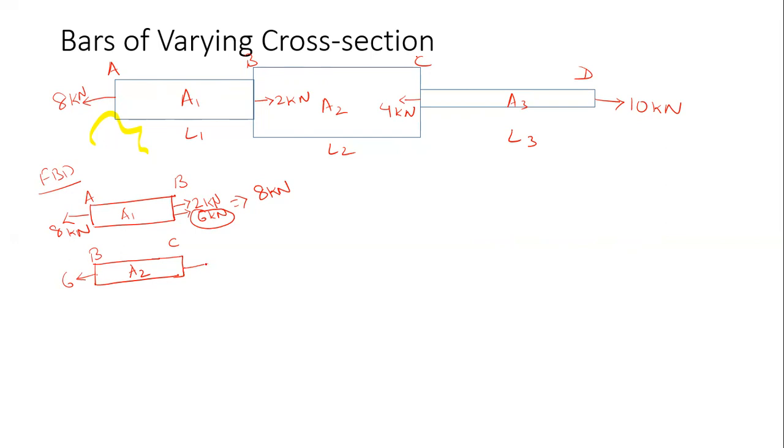Now at section C we have a force of 4 kilonewton in this direction. So 6 plus 4 is 10 kilonewton, so this we will have to add here.